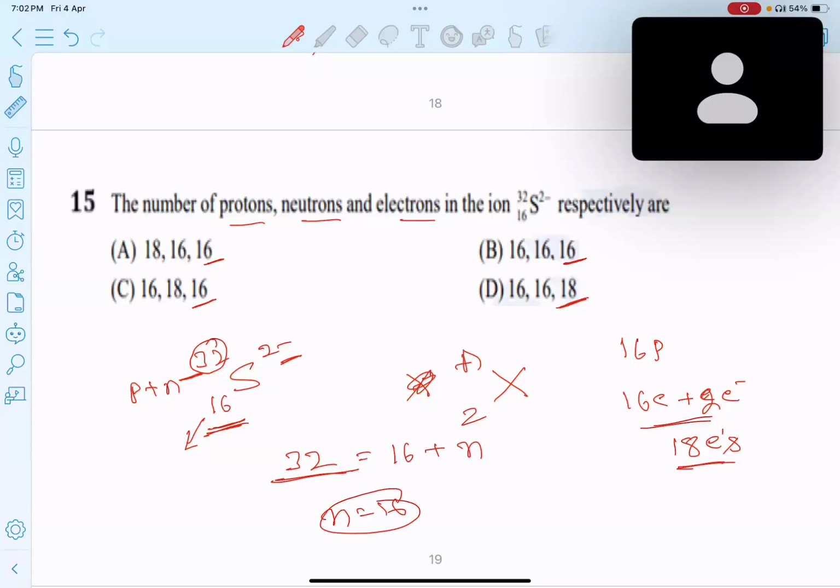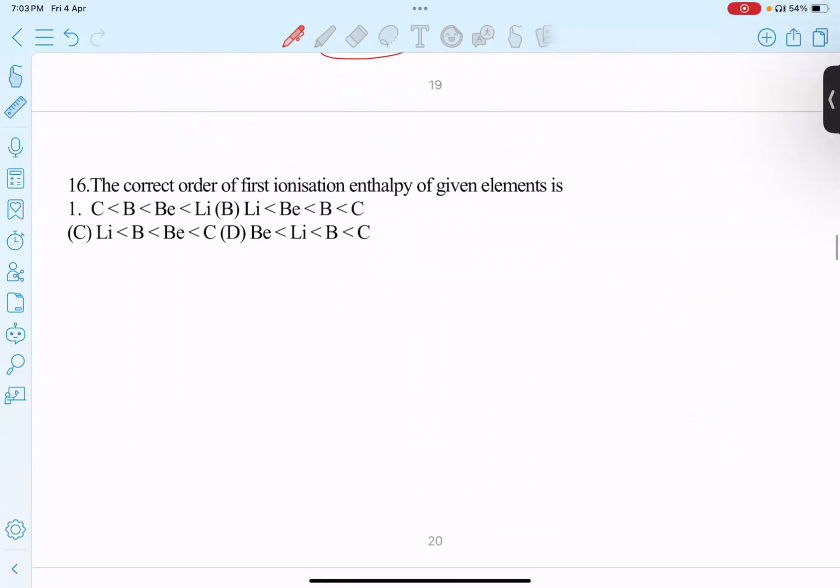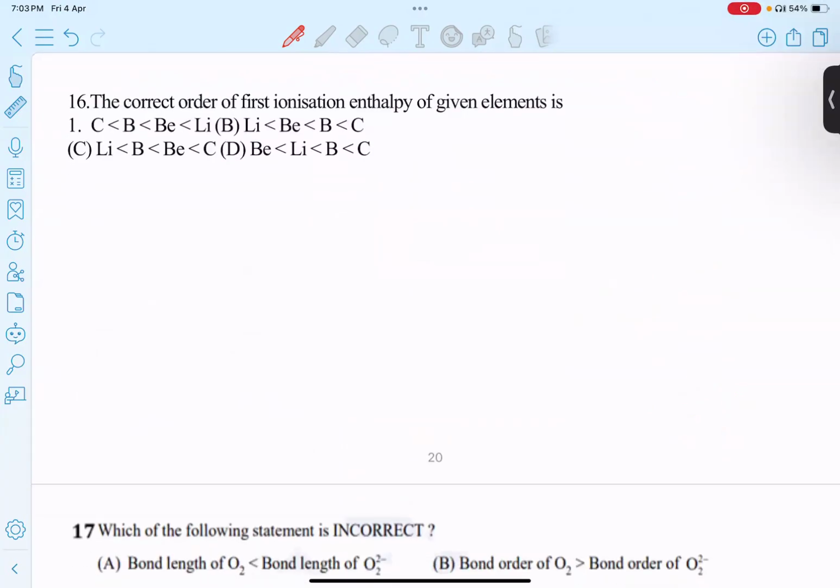So the total number of electrons present in the species is 18, because 2 units of negative charge indicates 2 electrons added into this species. So the correct option is option D. Next, let us go to question number 16.